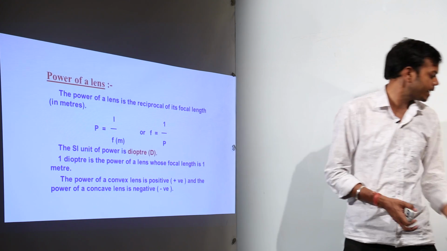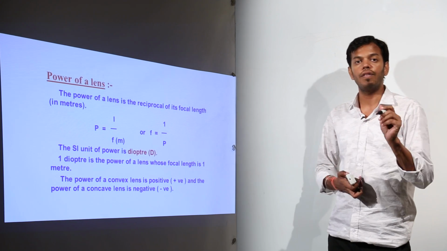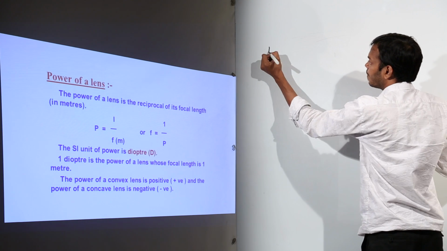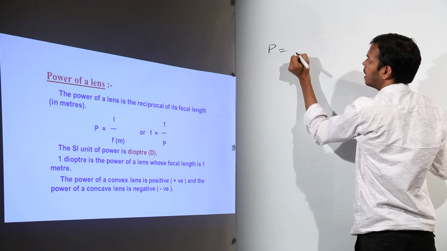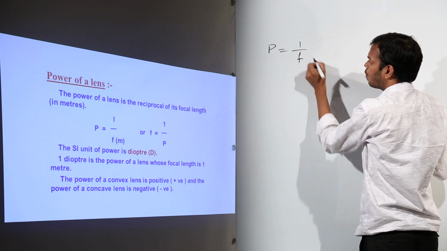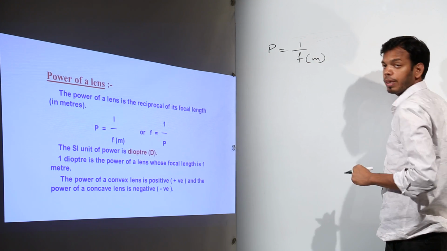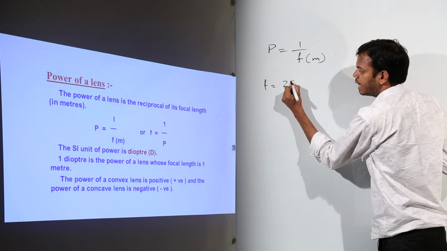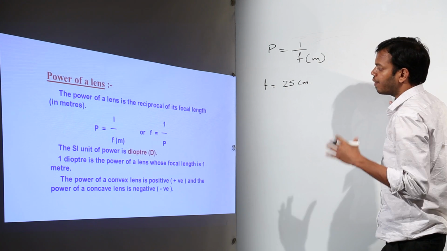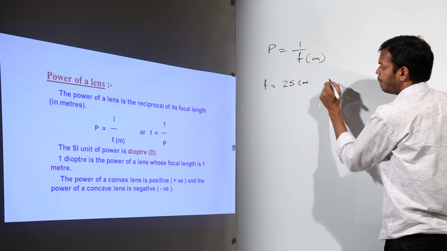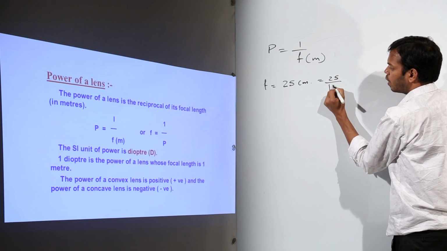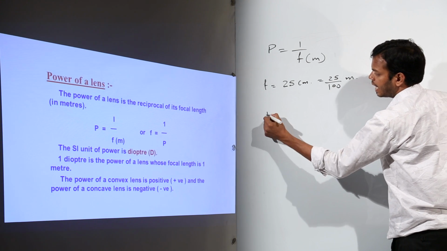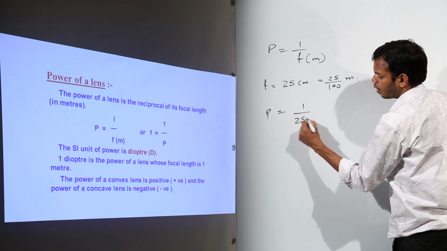The point to be noted here is that the focal length should always be in meters. That means, first of all, write it down. Power is defined as the reciprocal of focal length, but it has to be in meters. For example, suppose I have a convex lens of focal length 25 centimeter. First of all, I am going to convert it into meters, which is 25 over 100 meters, and then power would be 1 over 25 by 100.